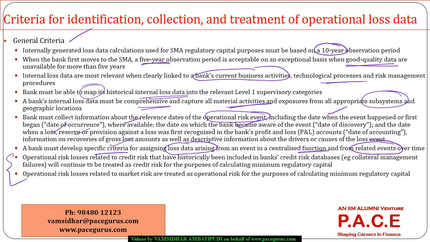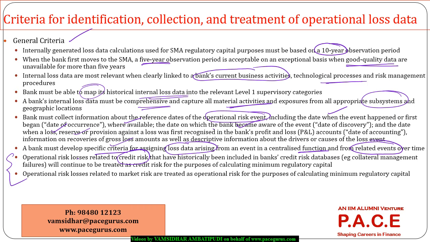See, there are some operational risk related losses which were related to credit risk. Instead of being captured historically in the operational risk databases, they are captured as a part of credit risk databases, like collateral management failures, which are actually operational risk procedures.